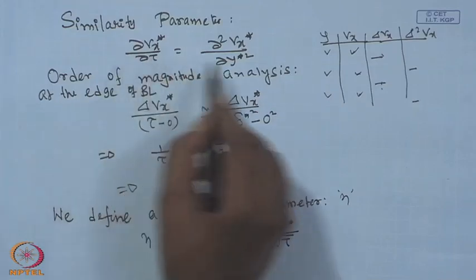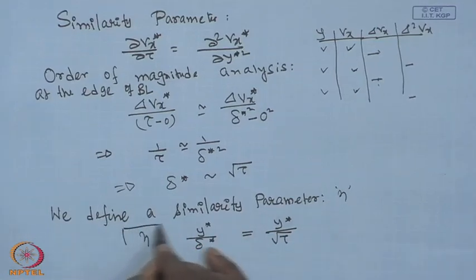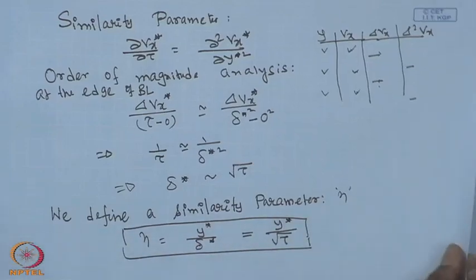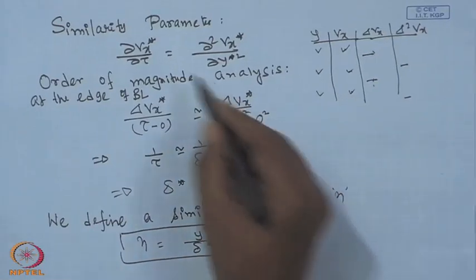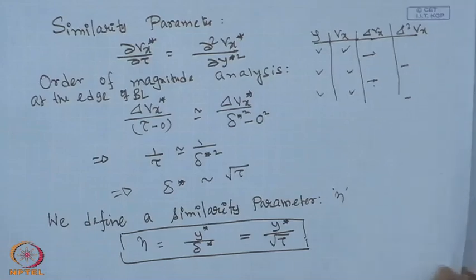We can now express the various differentials of the governing equation in terms of the similarity parameter. In fact, this is one of the methods of defining the similarity parameter in boundary layer analysis. We express the partial derivatives of the governing equation in terms of eta, so that the partial differentials become total derivatives.